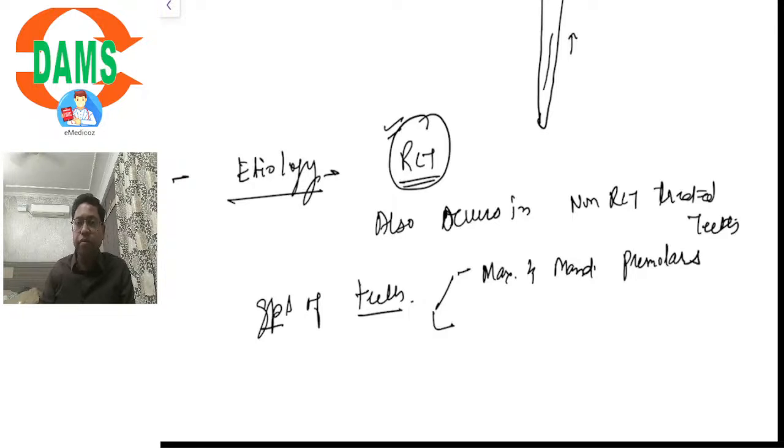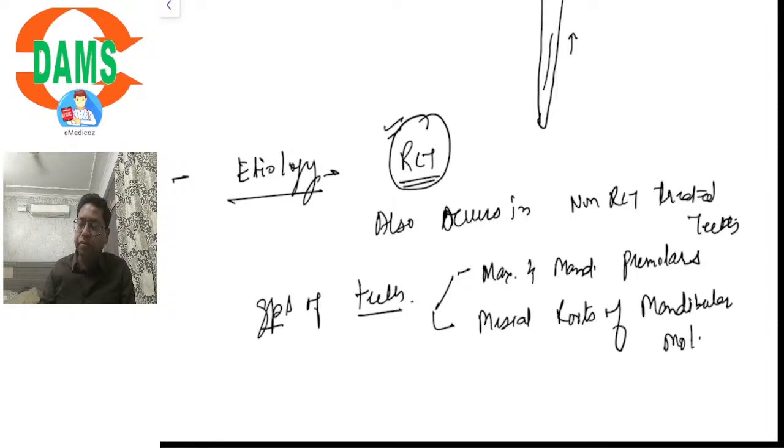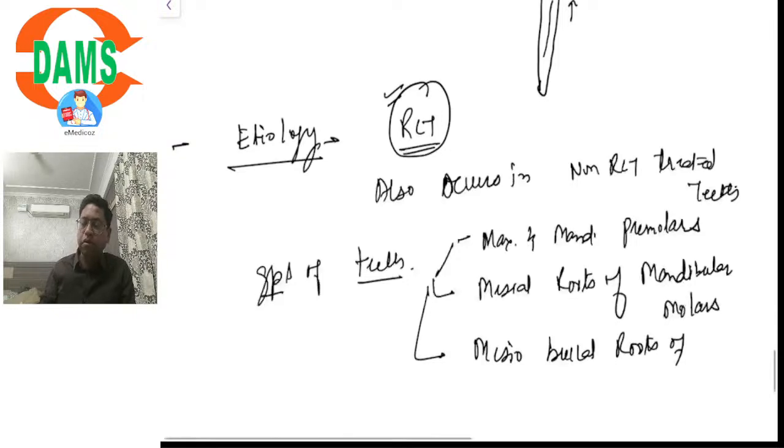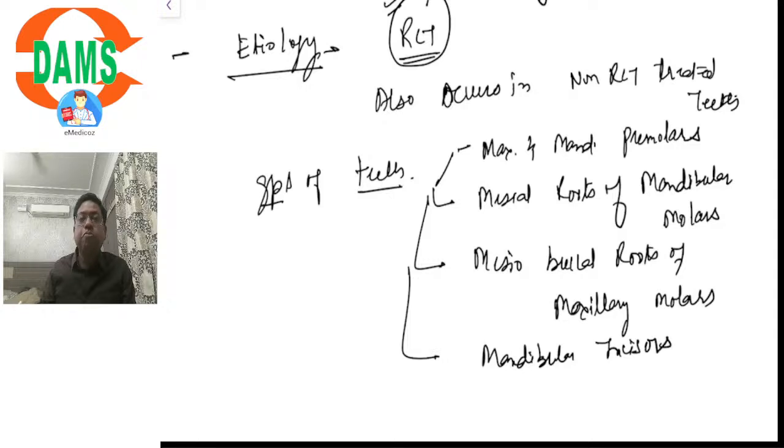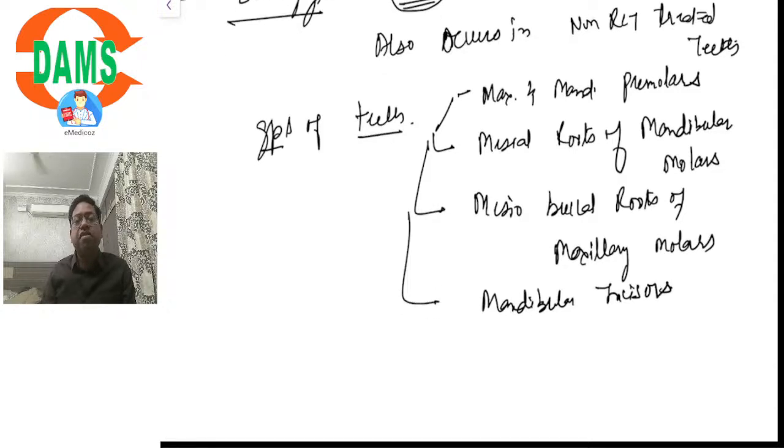The mesial roots of mandibular molars, the mesiobuccal roots of maxillary molars, and your mandibular incisors. These are the groups of teeth which most frequently report the incidence of vertical root fractures.